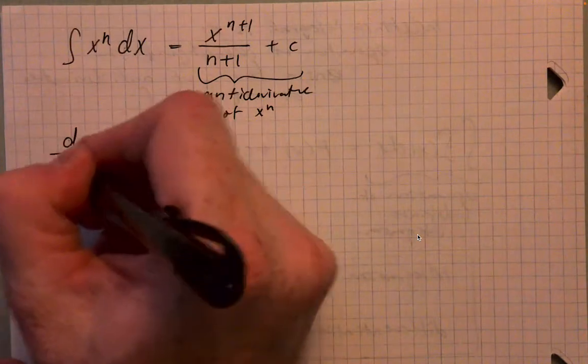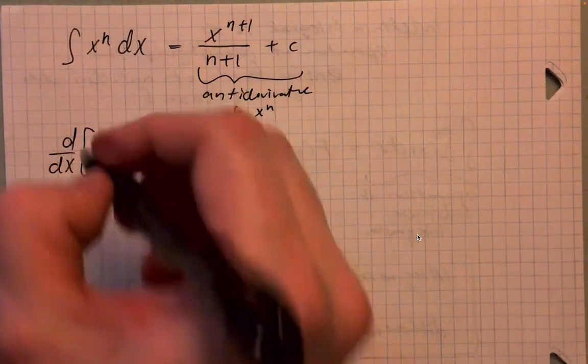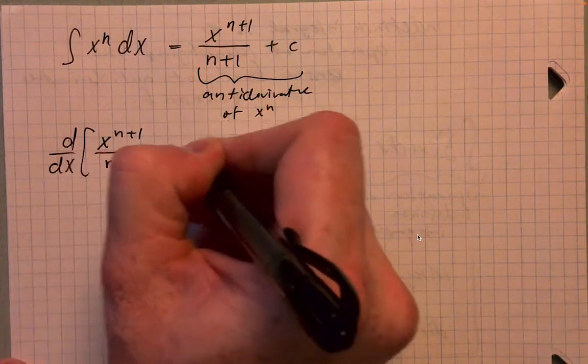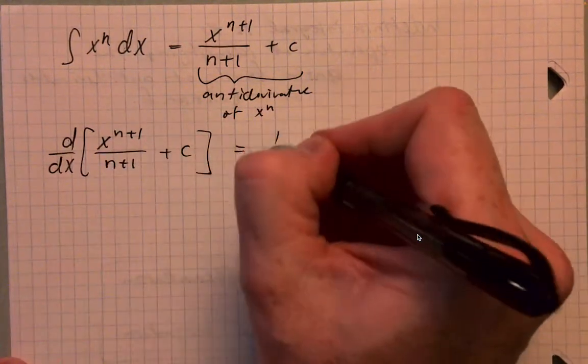And we could demonstrate that by just differentiating it. X to the n plus 1 over n plus 1 plus c. We'll do this quickly.